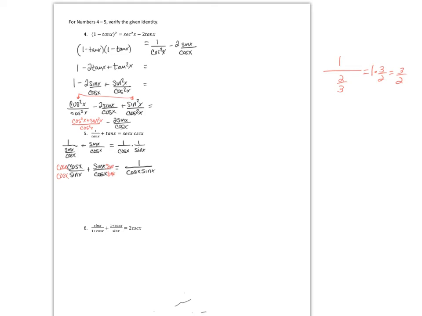And now you can see the common denominator on the left is the same as the one on the right. We've got a cosine times a sine for both of these terms. Meanwhile, look up here, and you see cosine times cosine, and we've got sine times sine. So our numerators become cosine squared plus sine squared, and our common denominator is cosine sine.